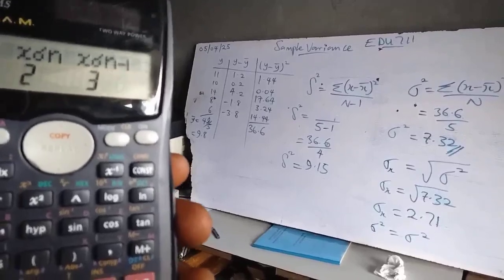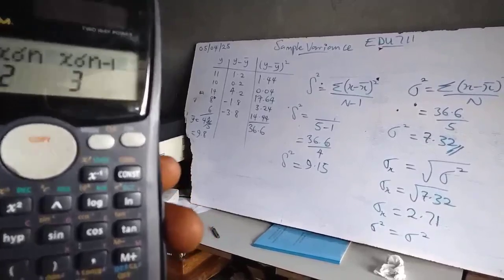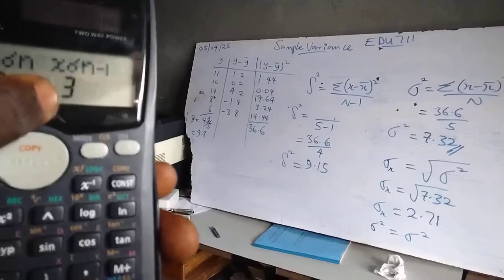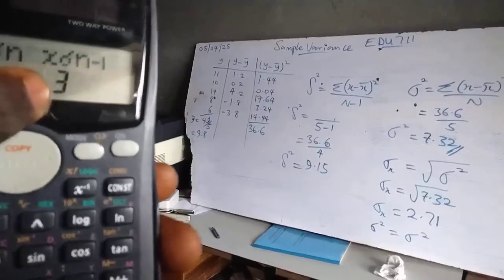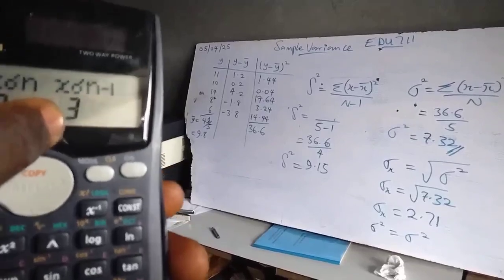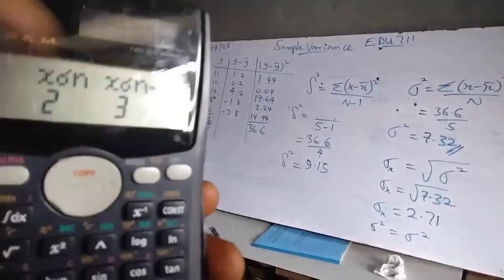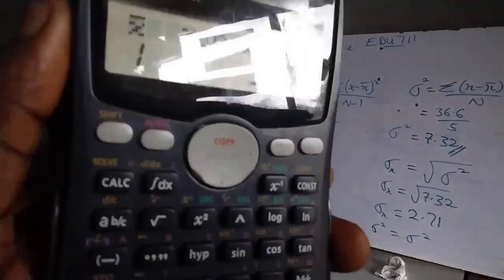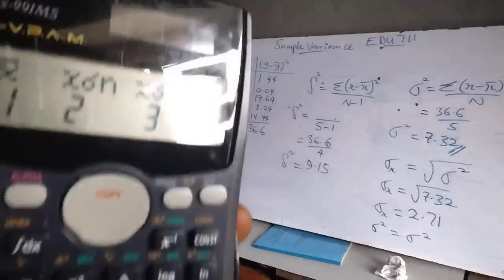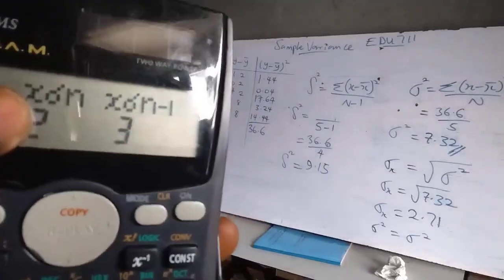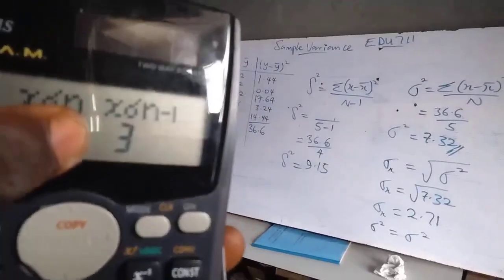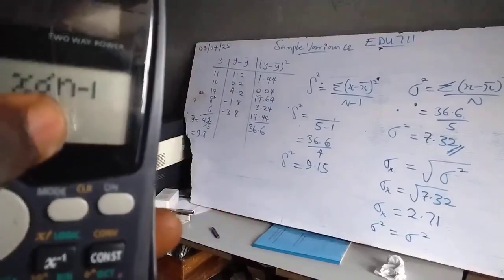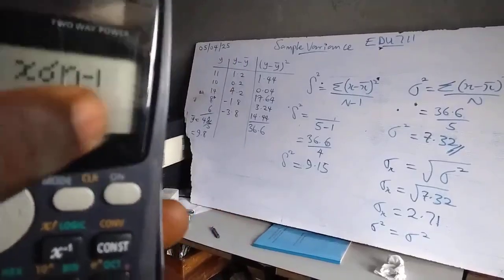This 3, the one with n minus 1, S sigma n minus 1, is the sample standard deviation. So don't forget, from the beginning when we were talking about the mode of the calculator, we put it as SD, which is standard deviation. So S sigma n is the population standard deviation, and S sigma n minus 1 is the sample standard deviation.